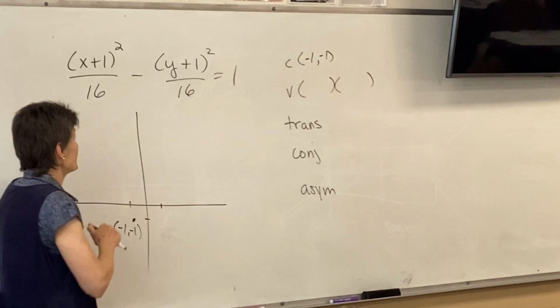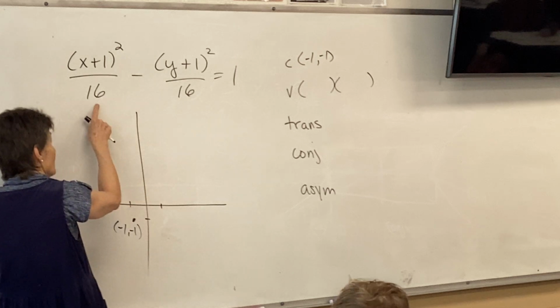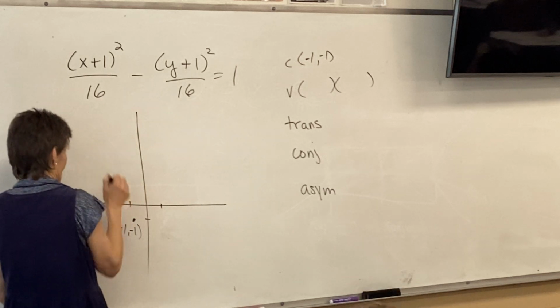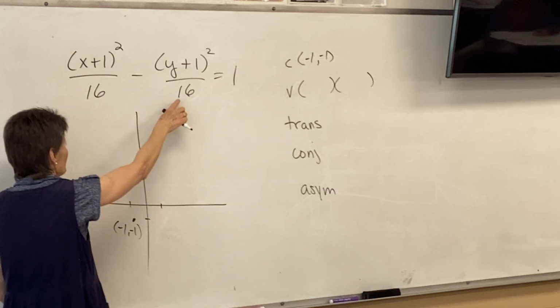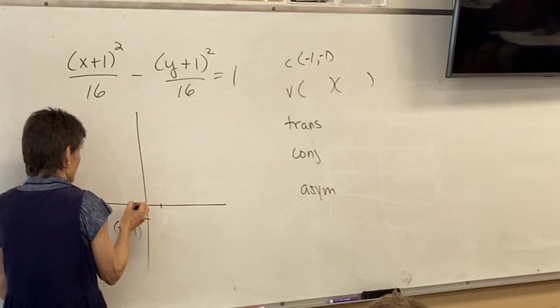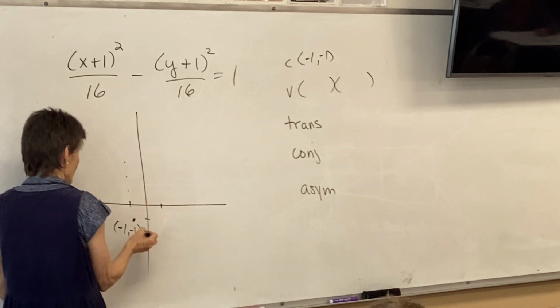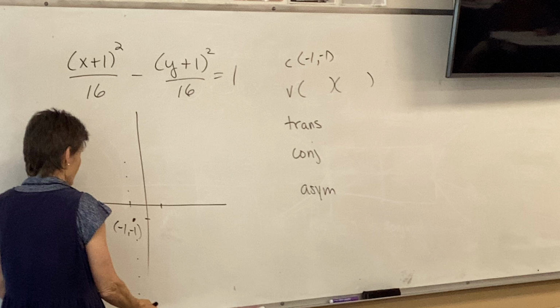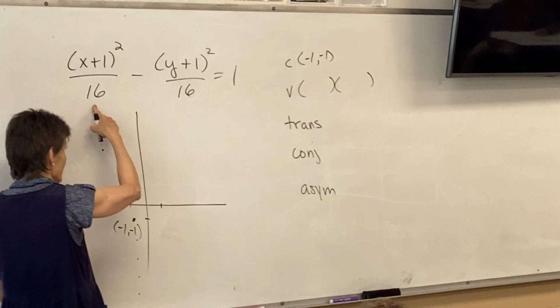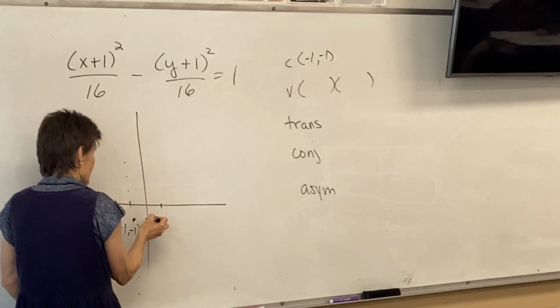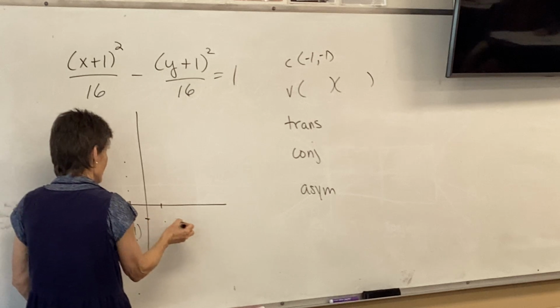Now what? I need my box. Build the box. What does this tell me to do? That one tells me to go up 4. Sideways: 1, 2, 3, 4. And that one tells me to go sideways 4. 1, 2, 3, 4.